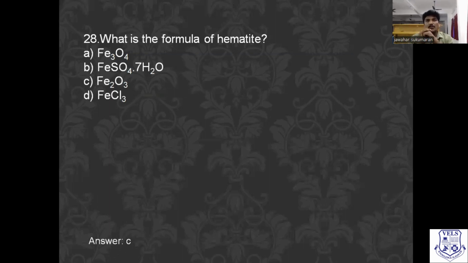It is a red powder, insoluble in H2O and not acted upon by air or H2O. It is amorphous in nature, reacts with acids and alkalis, and is used as a catalyst in oxidation processes. Fe2O3 is the correct answer. Hematite.